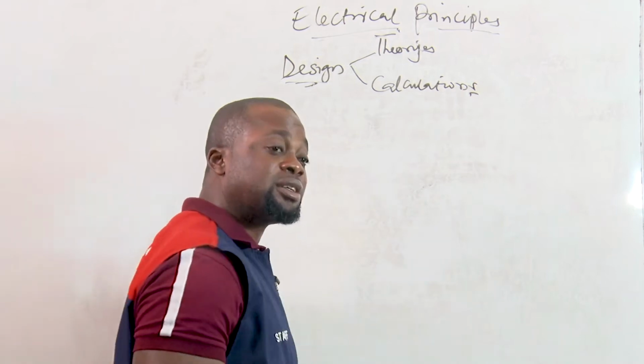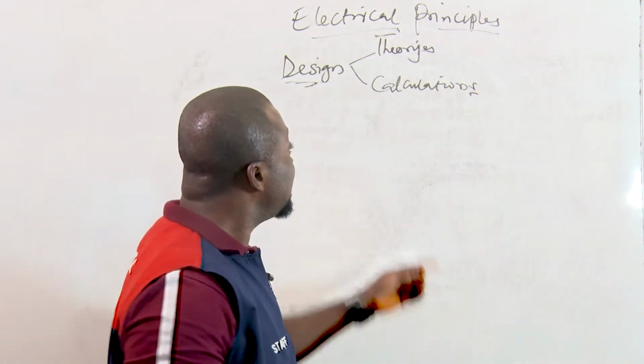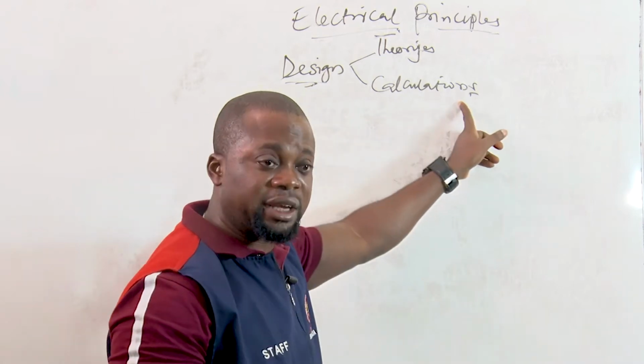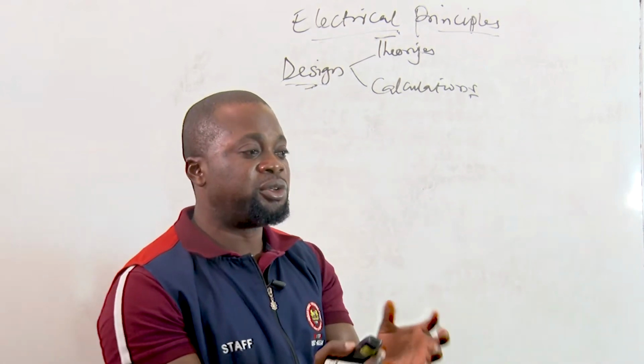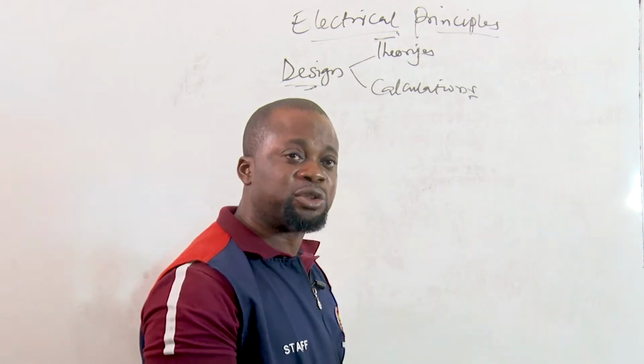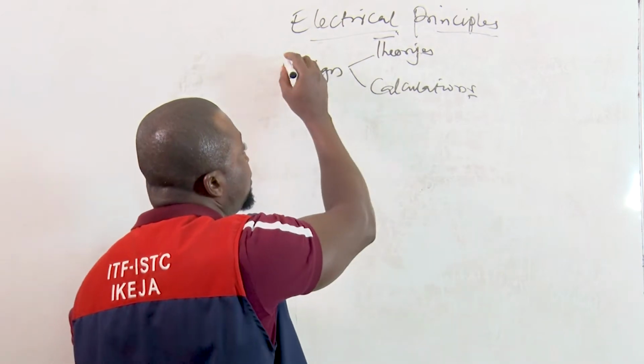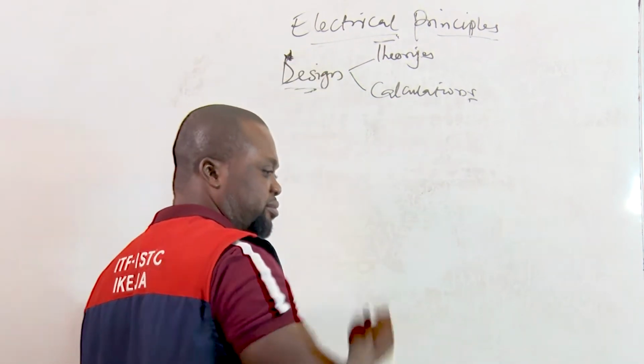Because in designing, some persons just look at calculation as normal. If you don't get it right, there is no way you can get it in real life. So that is why the principal aspect of electrical that we look at is the design.